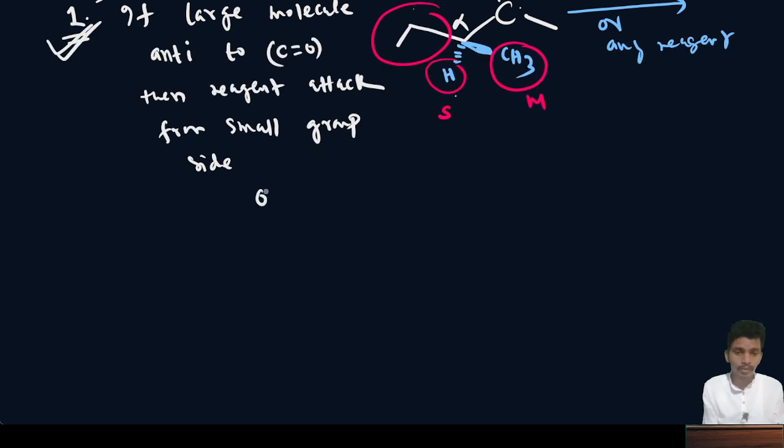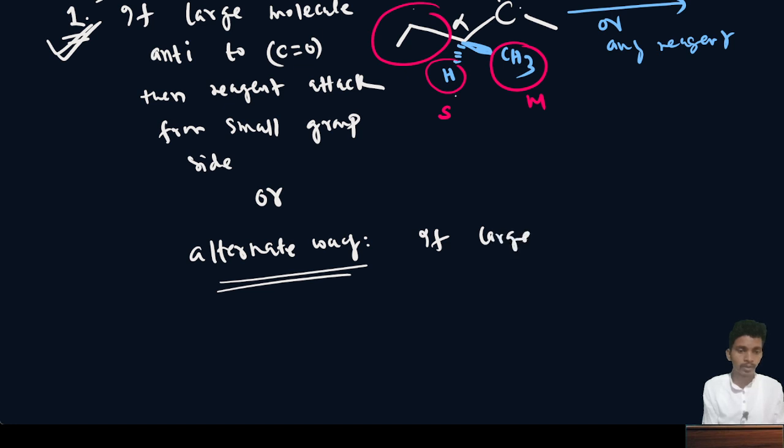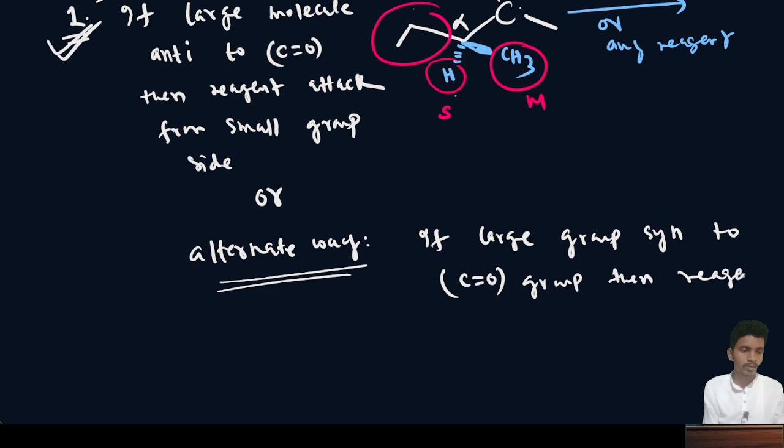There is also an alternate way. What it says is, if the large group is syn to the carbonyl group, then the reagent attacks from the medium group side.